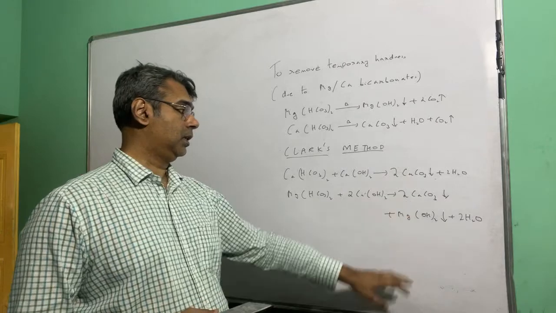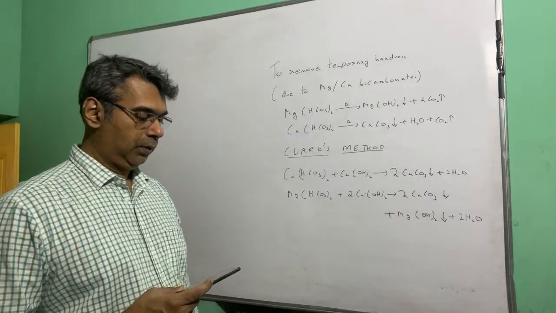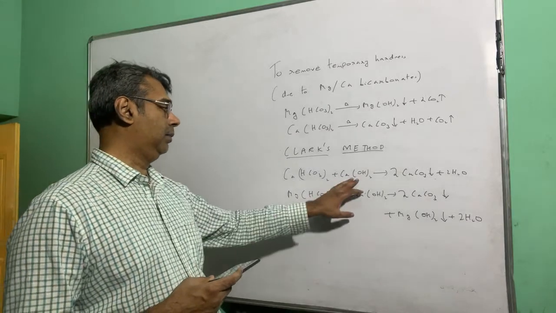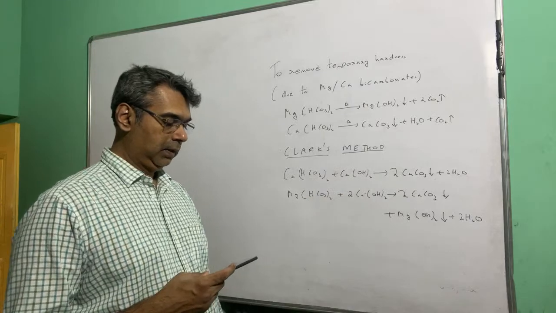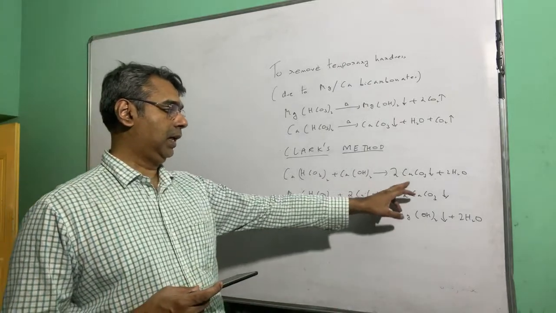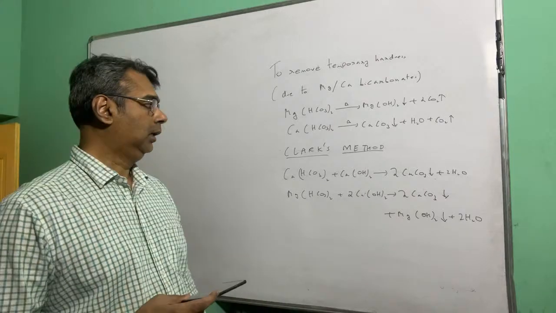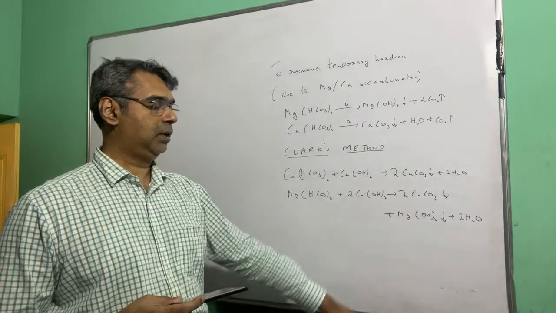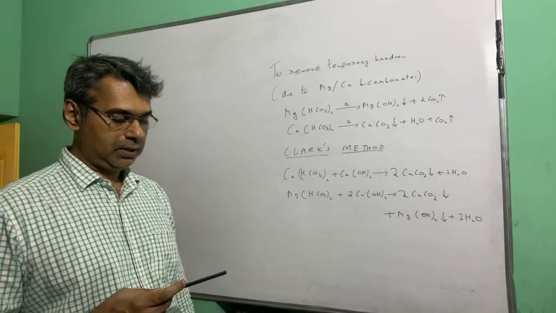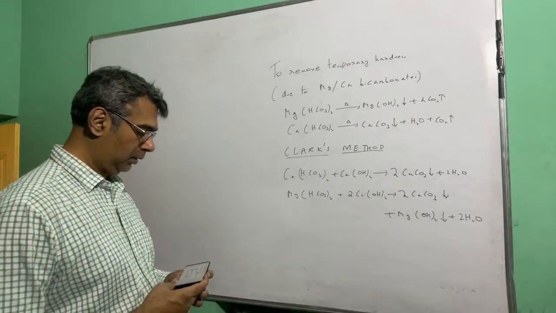Magnesium bicarbonate plus lime gives CaCO3 plus Mg(OH)2. So you add lime to the hard water, and you will get a precipitate of calcium carbonate and magnesium hydroxide, which you can filter off. This is called Clark's method.